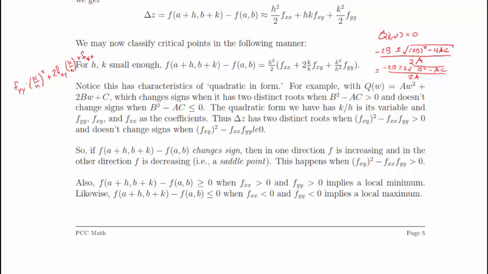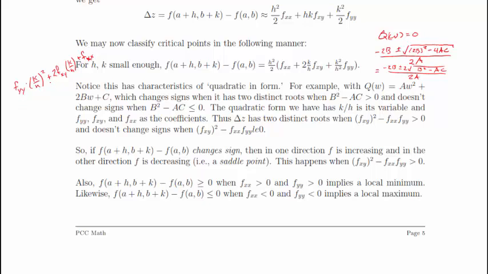So we're thinking of k over h as my variable, because that's allowing us to say which direction we're moving in. So that's really my variable. We're thinking about the coefficients of the variables for this quadratic.